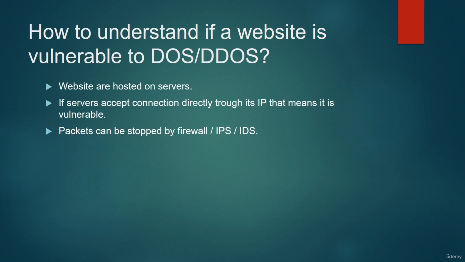So to see how a server is actually vulnerable to a DOS or DDoS attack, you have to see if the server can accept raw packets directly from the IP, from the port. If the server accepts that raw packets, then the game is over, it's vulnerable.